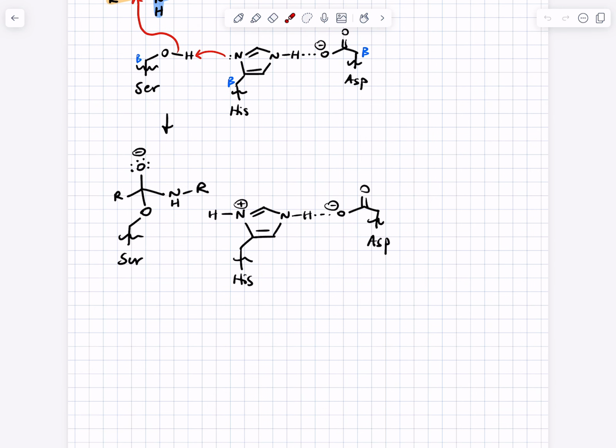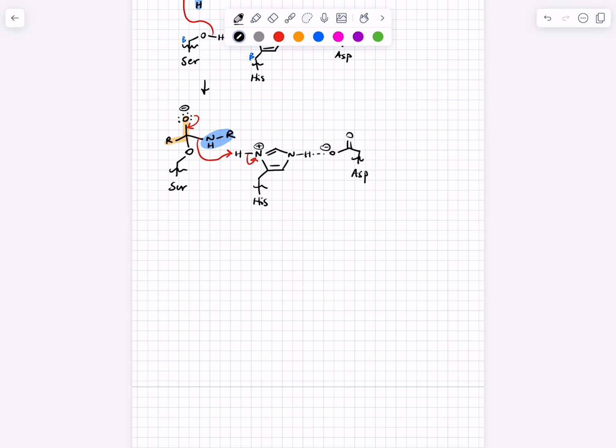Okay, so now we're going to kick off the amide, the nitrogen. That's the blue amino acid. The negatively charged oxygen is going to kick down and kick off the blue amino acid. And as the blue amino acid is leaving, it will pick up a proton from histidine, which will go back to its neutral state. That will lead to what we saw with the lipase enzyme. We're going to get an acyl enzyme intermediate.